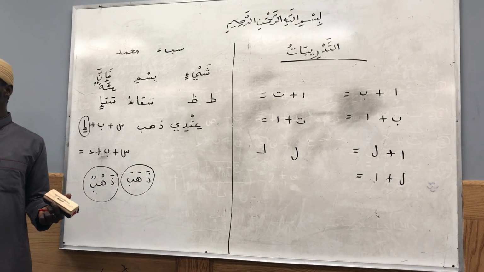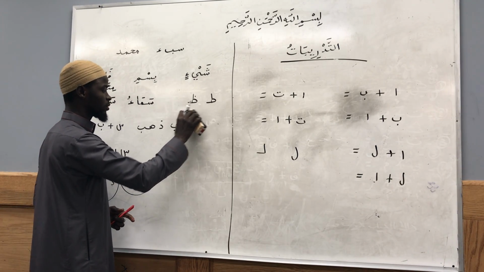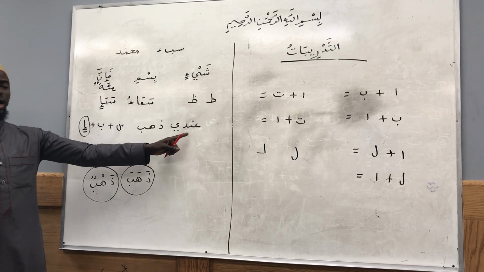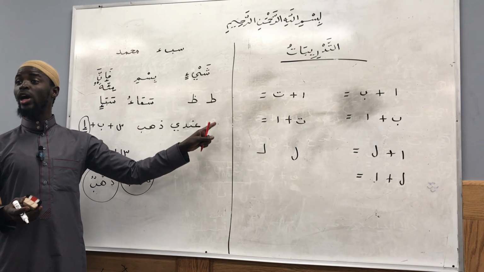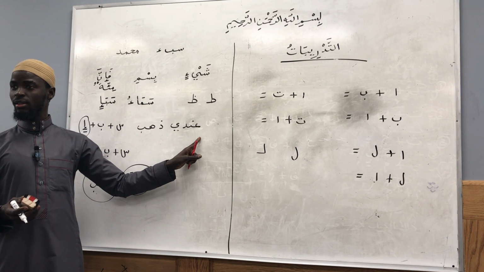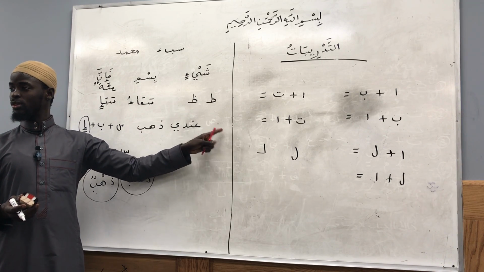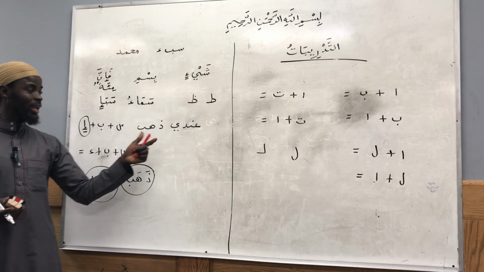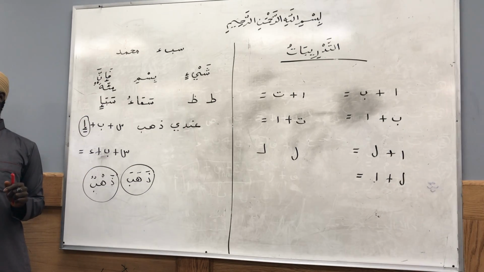You understand? Even this indi, if there is no vowel on top of it. If I see this one, I'm going to look at the word after it or the word before it. If there is a word before indi, I have to know what is before and after. If there is no before, I have to look at what is coming after.